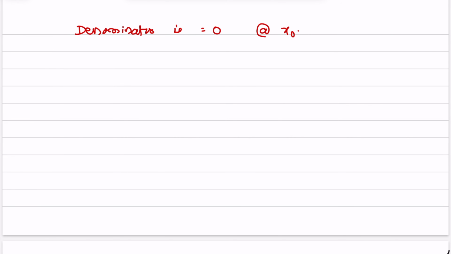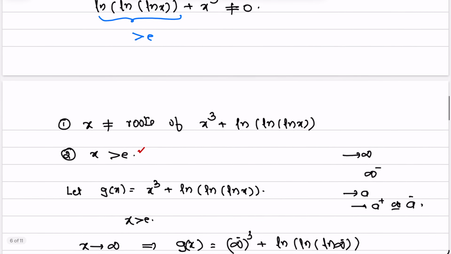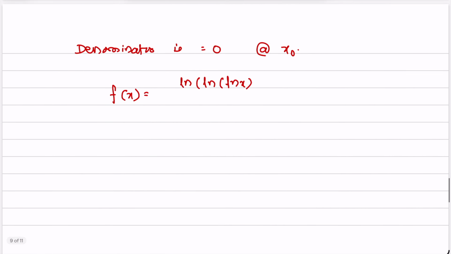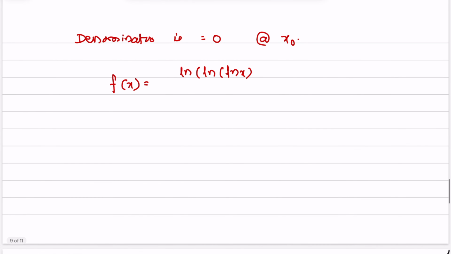Hence, function f(x) is given as ln of ln x minus x cube divided by ln of ln x plus x cube.